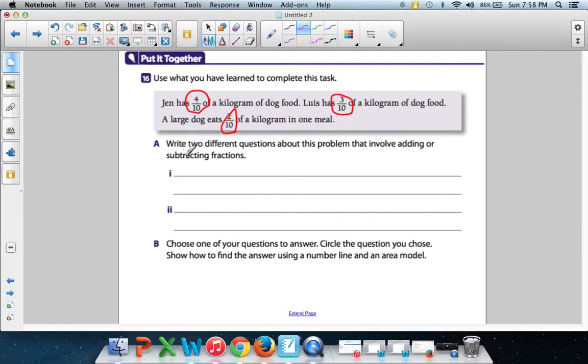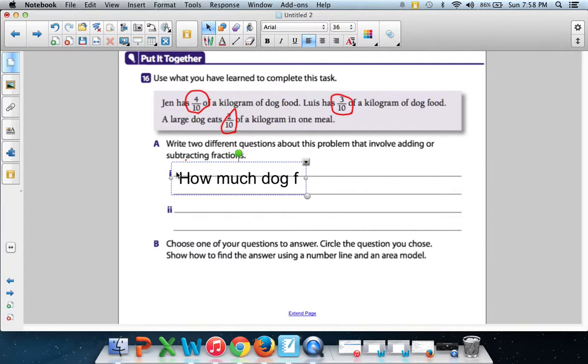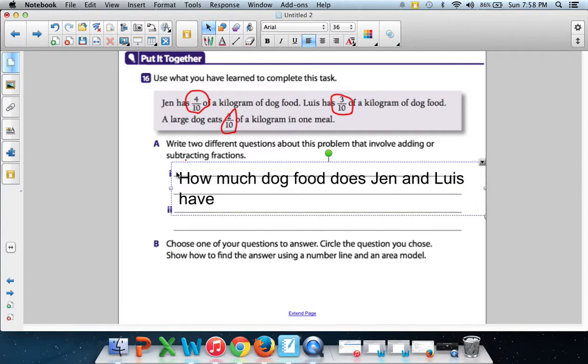That's easy. Let's do the adding first, okay? So it can be a word problem. How much dog food do Jen and Louise have all together?